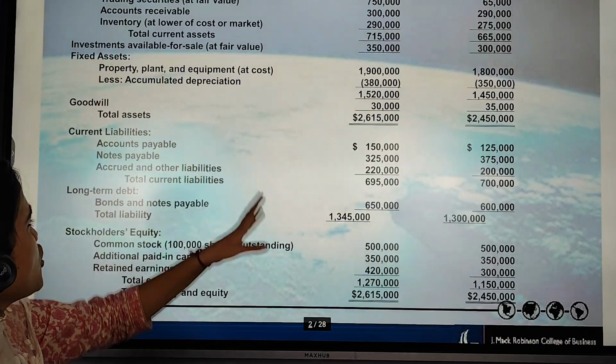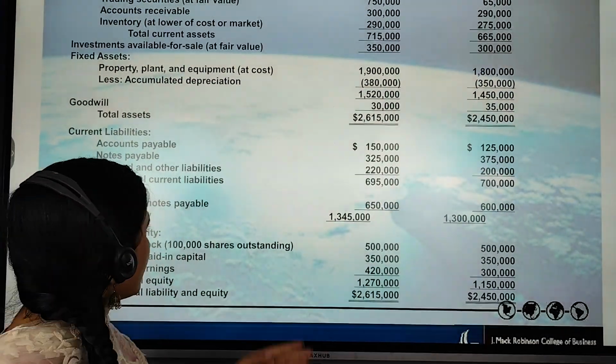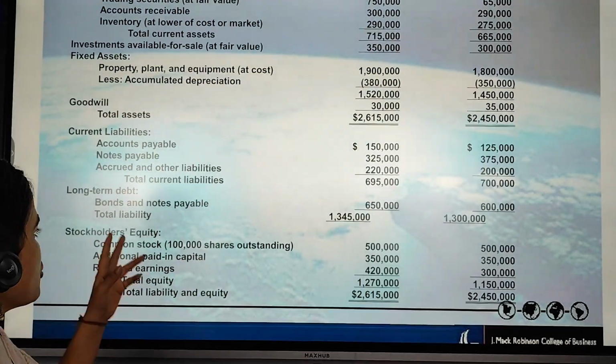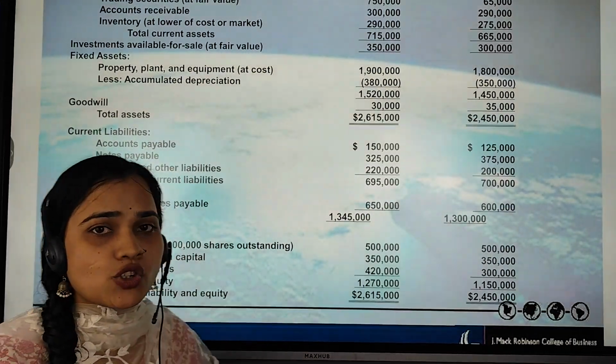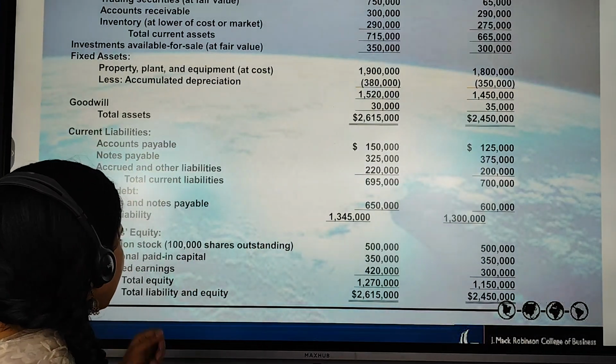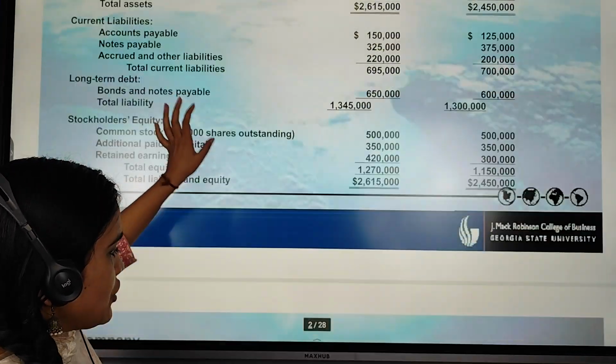Current liabilities include accounts payable, notes payable, accrued and other liabilities, giving total current liabilities. Long-term debt includes bonds and notes payable, giving total liabilities. Stockholders' equity includes common stock, additional paid-in capital, retained earnings, total equity, and total liabilities and equity.